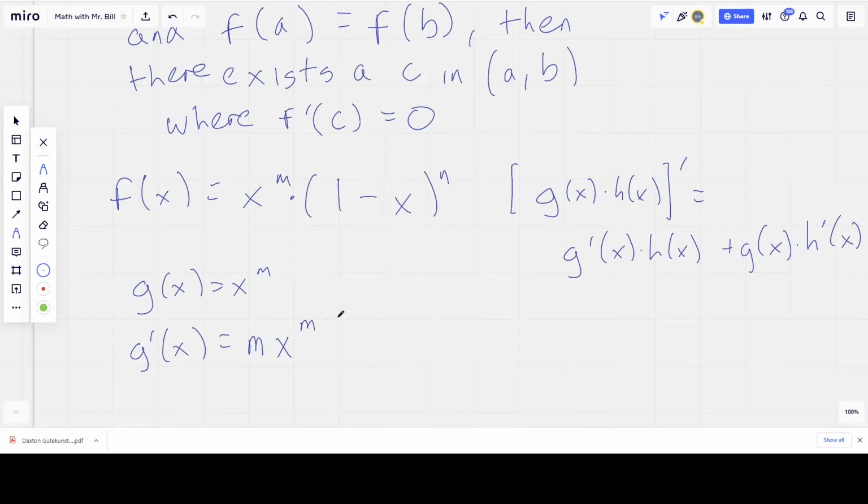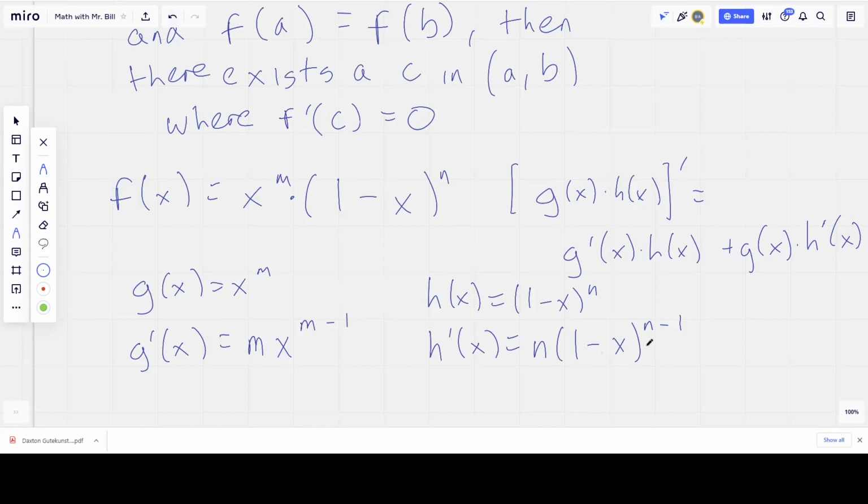So bring the m down front and then subtract 1 from the exponent. And then h is going to be equal to 1 minus x to the n. And the derivative of h, so this will be the power rule at first. So we bring the n down. So n times 1 minus x raised to the n minus 1. Subtract 1 from the exponent. And then multiply this by the derivative of the inside using the chain rule.